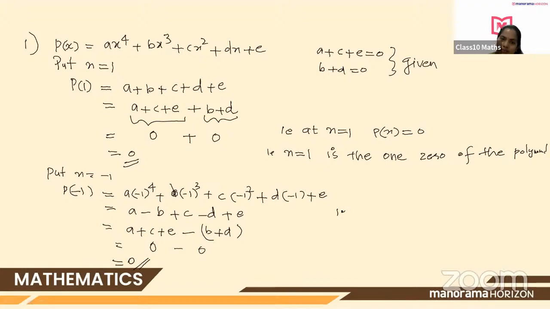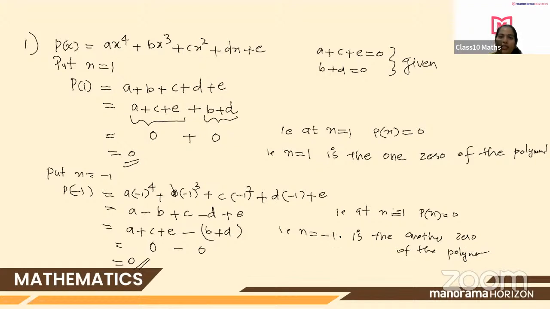So at x is equal to minus 1, p of x is equal to 0. So x is equal to -1 is another zero of the polynomial.